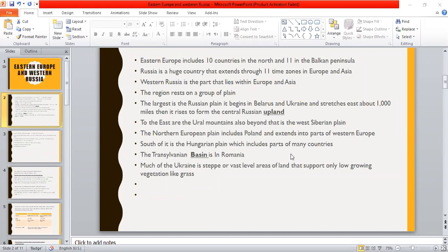We have the humid continental climate, which has warm summers and long cold winters in places such as Siberia and Bulgaria. But we also have places where summers are hotter and winters are similar to those farther north. Also in Albania and Macedonia, we have a more Mediterranean climate.